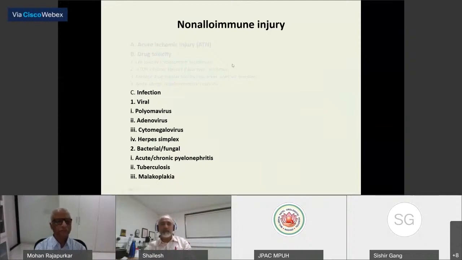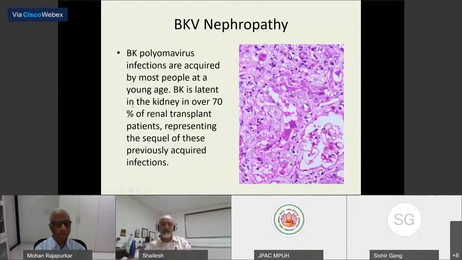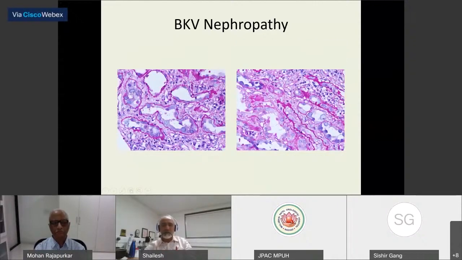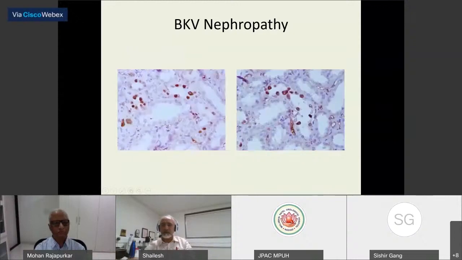Next, among non-alloimmune injuries, are viral infections. Most common are BKV and CMV infection, which we find in practice. Here we can see large tubular epithelial cells with intranuclear inclusions with a classic ground glass appearance, a large nucleus with ground glass intranuclear inclusion, and with SV40 IHC the cells are stained light brown.